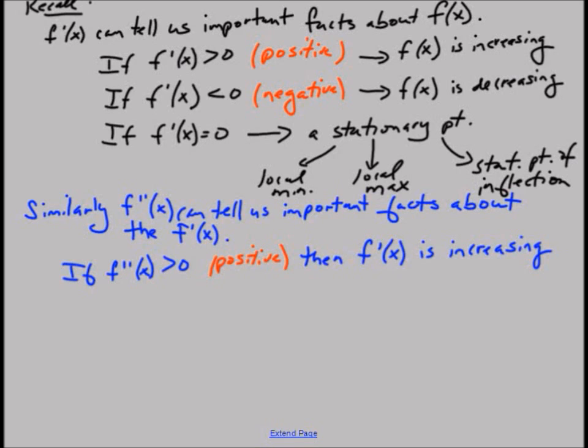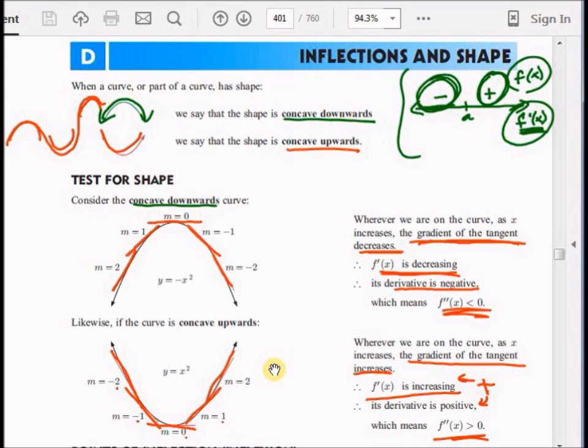Now remember, this means that the gradient of the tangent lines is increasing. There's only one situation where this can happen, and that is in this situation where we have a graph that is concave up.